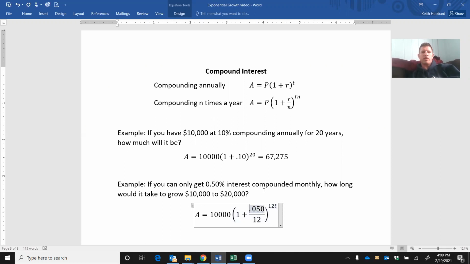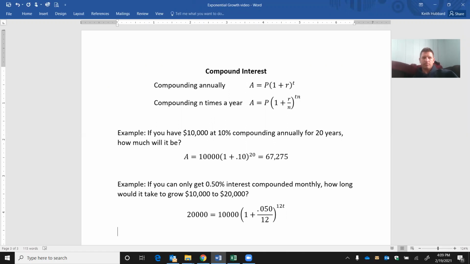And we really want to know when that comes out to 20,000. So look at what we've got here: an exponential equation. We're going to divide by 10,000 to start with. That gives us a basic exponential: 2 equals 1 plus 0.005 divided by 12 raised to the 12t.